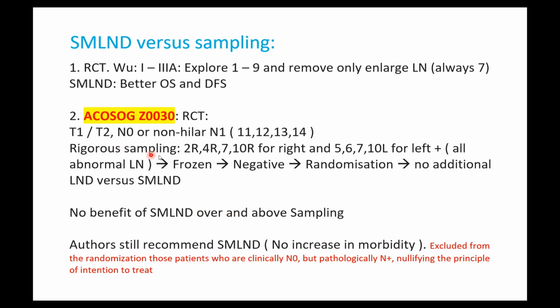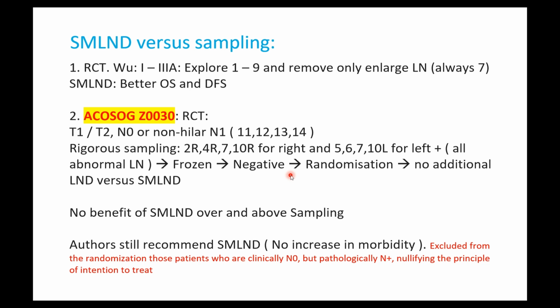They did a rigorous intraoperative sampling of stations 2R, 4R, 7, and 10R for the right side, and corresponding stations for the left, and all abnormal lymph nodes, be it station 8, 9, or 6, or whatever it is, were sent for frozen section.